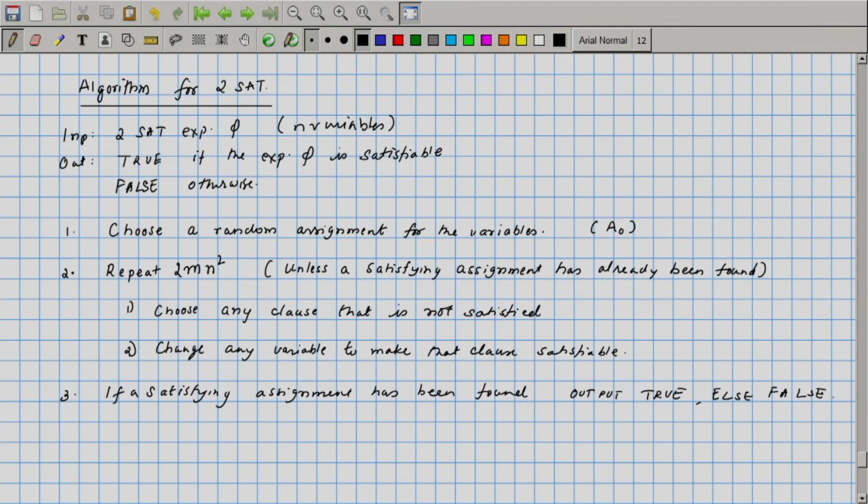We will start by choosing a random assignment. After choosing a random assignment, we will evaluate the expression on this particular assignment. If the expression evaluates to true, then we will output that the expression is satisfiable.